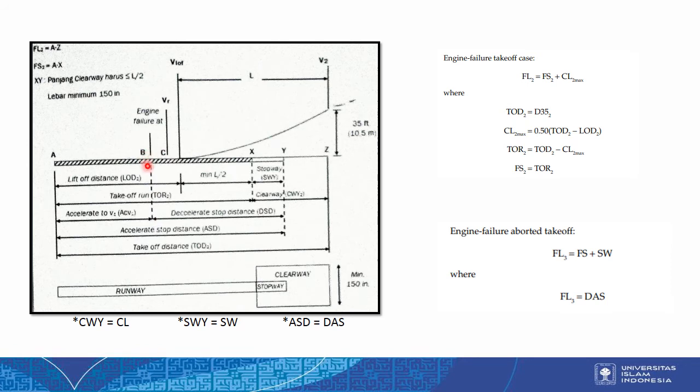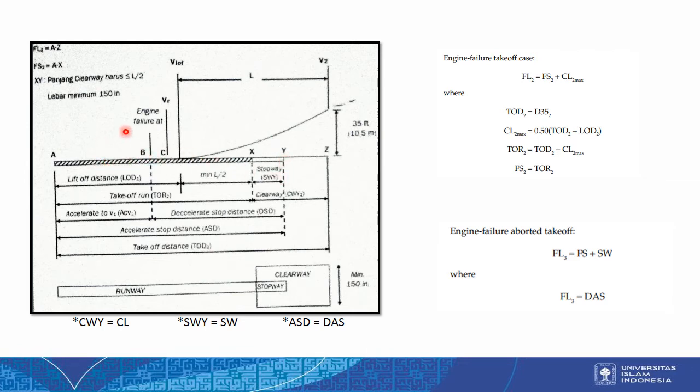If at this point the aircraft has an engine failure and the pilot decides to stop the aircraft, the aircraft will go here to the stopway. So from here to here is the accelerate stop distance, because from here the pilot decided to stop the aircraft, and we call it the accelerate stop distance, or ASD.